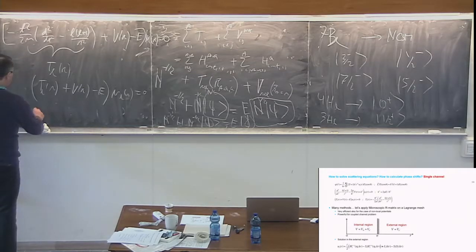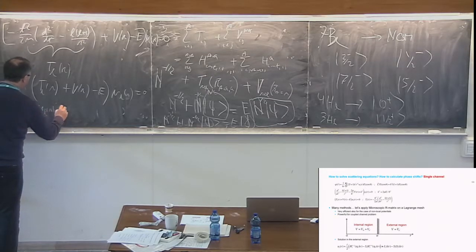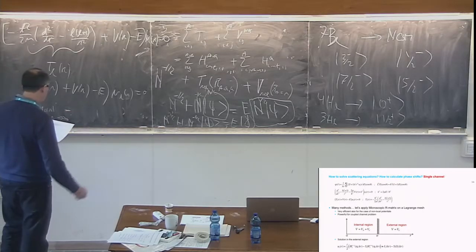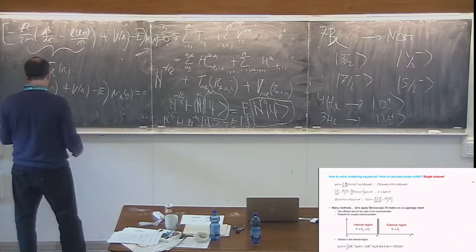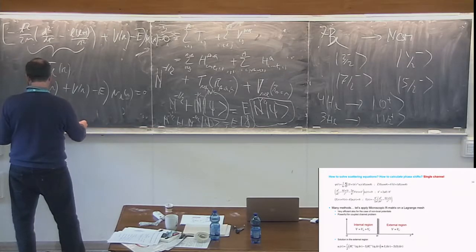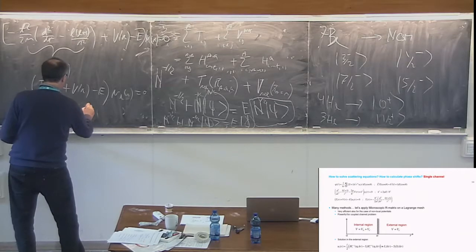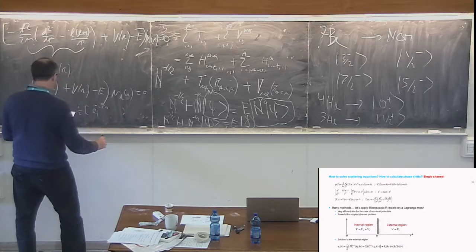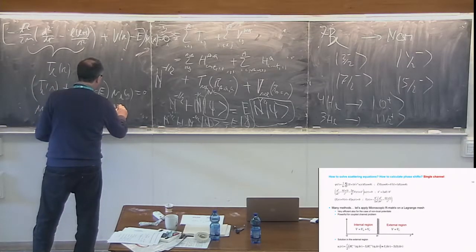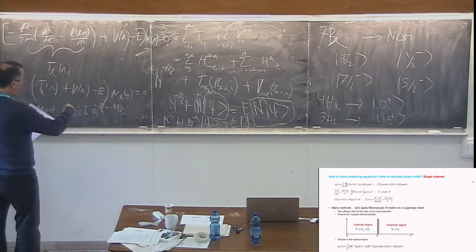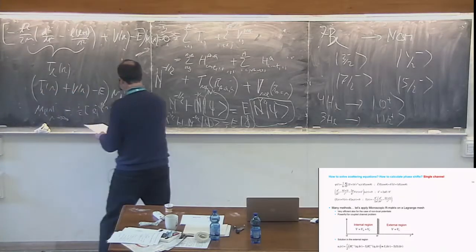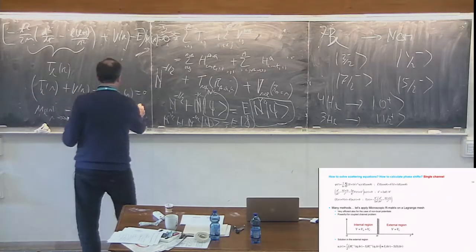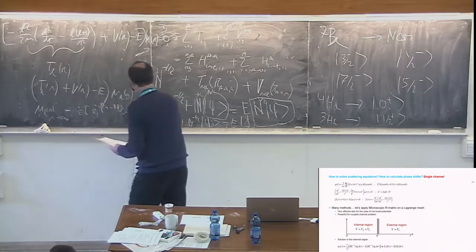then asymptotically the U_L(R) for R going to infinity is just given by the incoming and outgoing spherical wave. So I will have something like i/2, and then there is e to the minus i(kr minus L pi/2). So this will be the spherical incoming wave, and then there is the scattering matrix S_L.